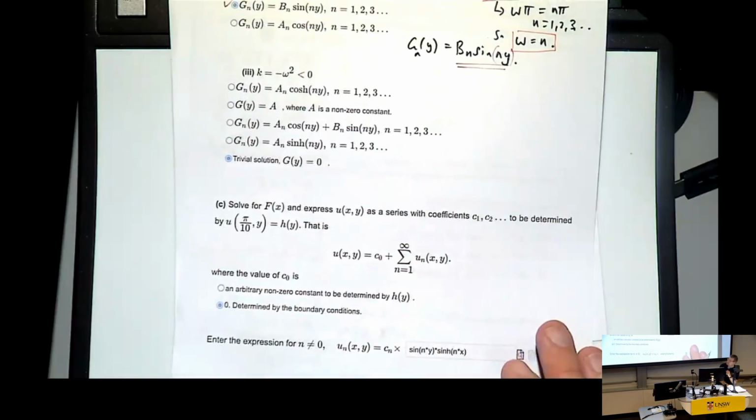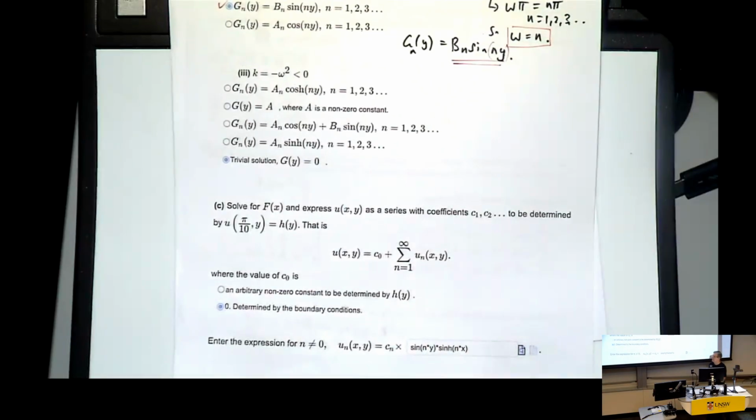And so what are you going to get when you solve for big F of x? Well, look in the box, right? You've got the sequence of sines here, which we just calculated, but now you've got a sequence of shines. Sines and shines, all right? Sine and sine her. So where does that come from?